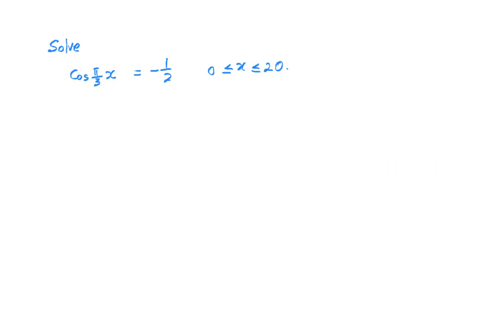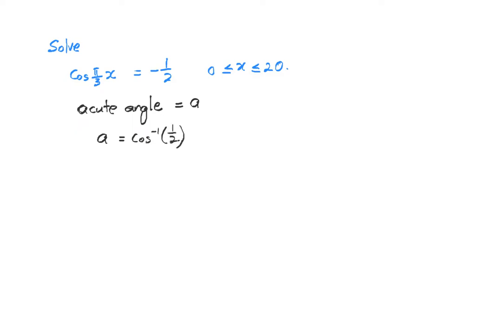You have to find the acute angle first. Acute angle first means when you find your acute angle, you don't care about the sign. You are looking for cos inverse half.